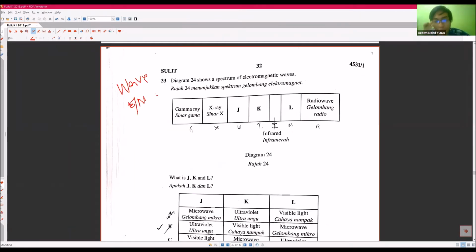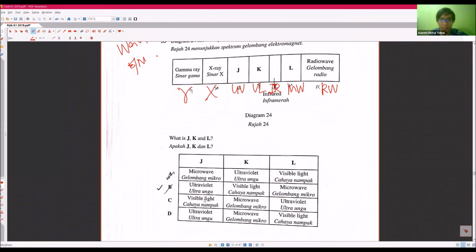So diagram 24 shows a spectrum of electromagnetic waves. Gamma, then X-ray. So this should be UV. This should be visible light. This should be infrared. This should be microwave. This should be radio wave. Okay. So what are J, K, and L? J is UV. K is visible light. And L is microwave.